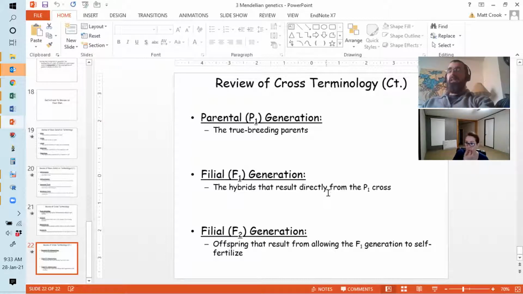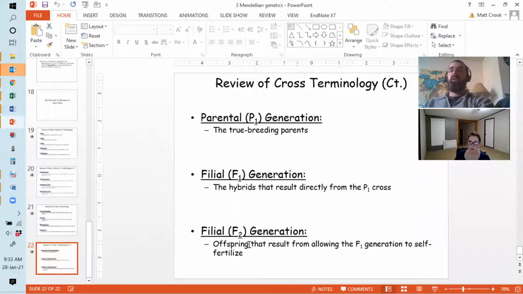Another similarity is that the F1s are heterozygous for all genes involved, and as such, they display the phenotype of the dominant parent, or the dominant phenotypes, because they're heterozygous. Those are the similarities.